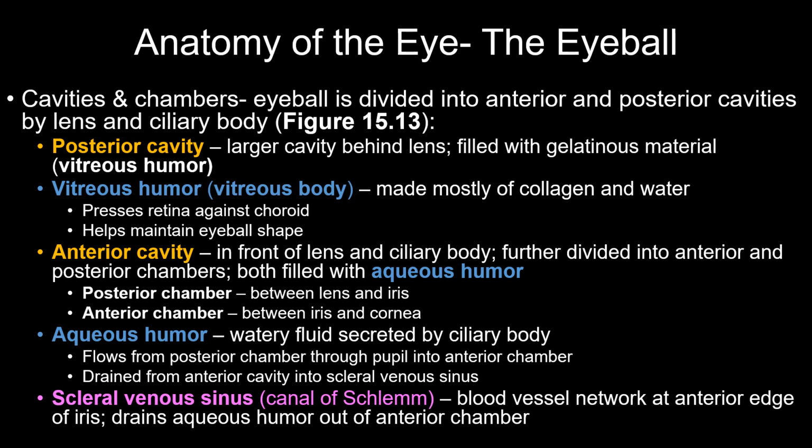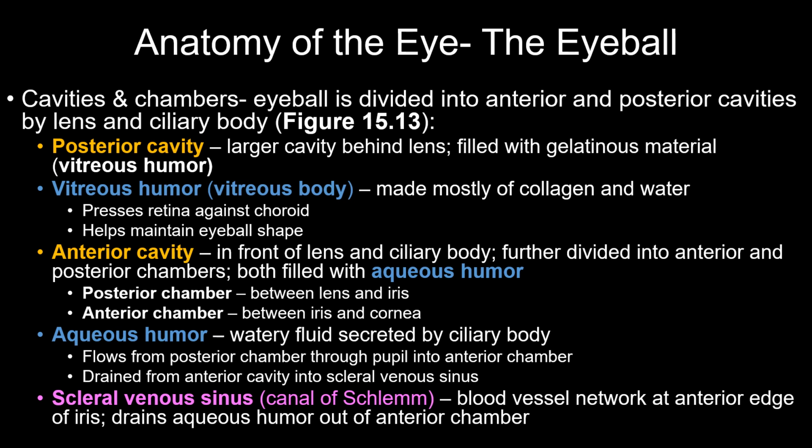And these chambers are filled with a very watery fluid known as the aqueous humor, where the vitreous humor is very gelatinous with all that collagen. The aqueous humor is very much watery. And this essentially flows from the posterior chamber through the pupil into the anterior chamber.